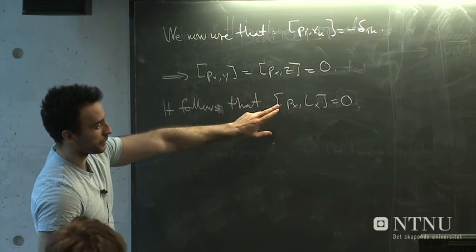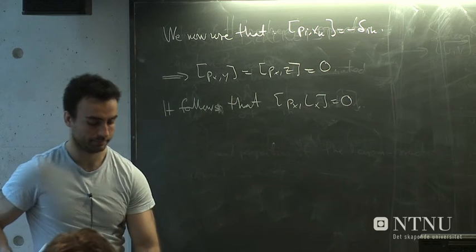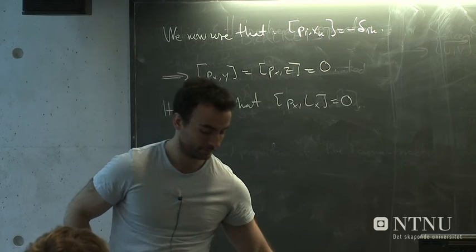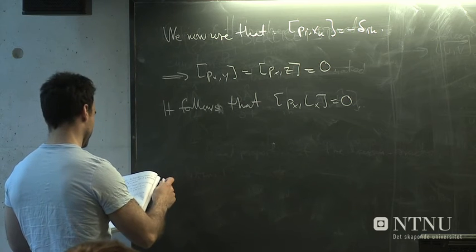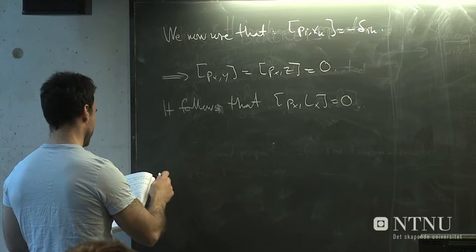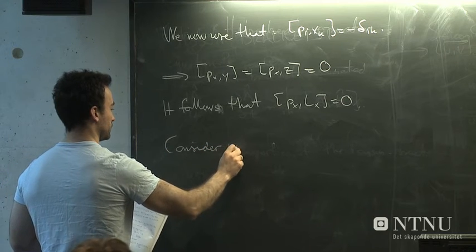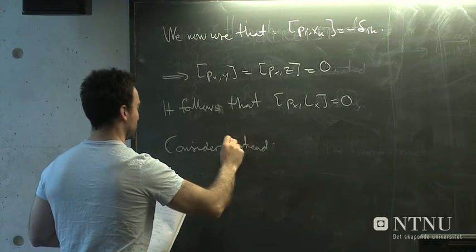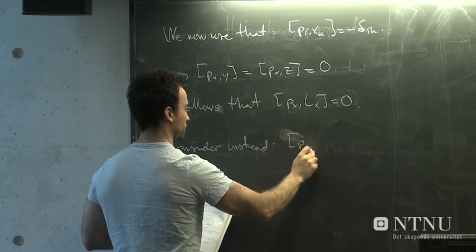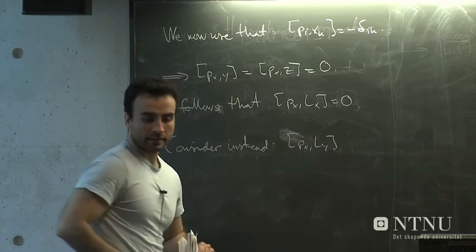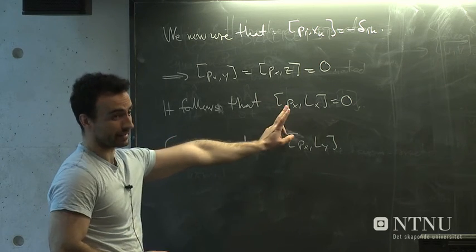So it actually follows that the Poisson bracket of px and lx is equal to 0. Now, we have only derived this result for the x component.